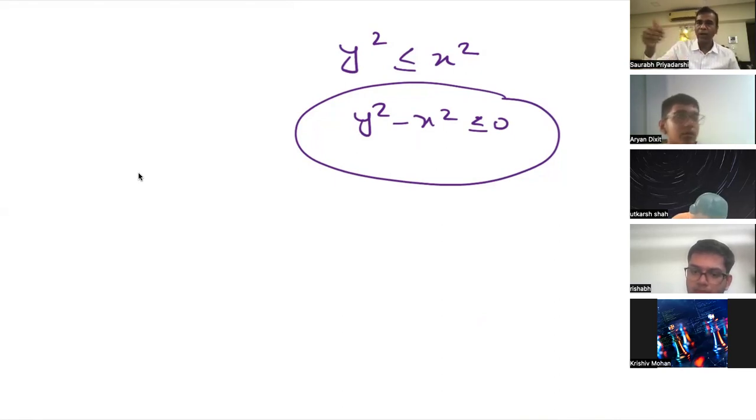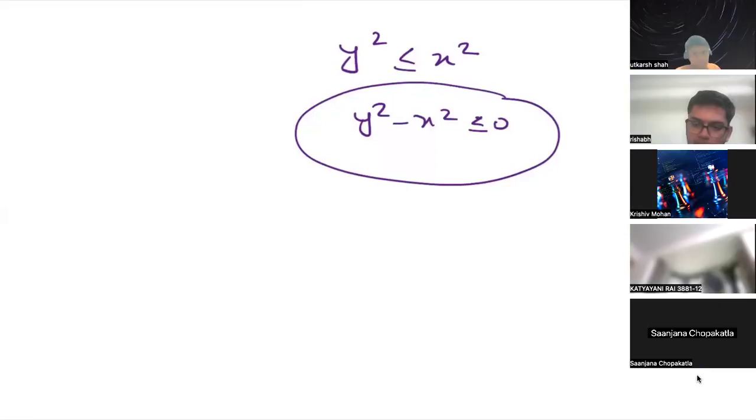This is not only y less than equal to x or y greater than equal to x or something like minus x, right? You have to draw two graphs on that. y square less than equal to 0. Sanjana, getting this?